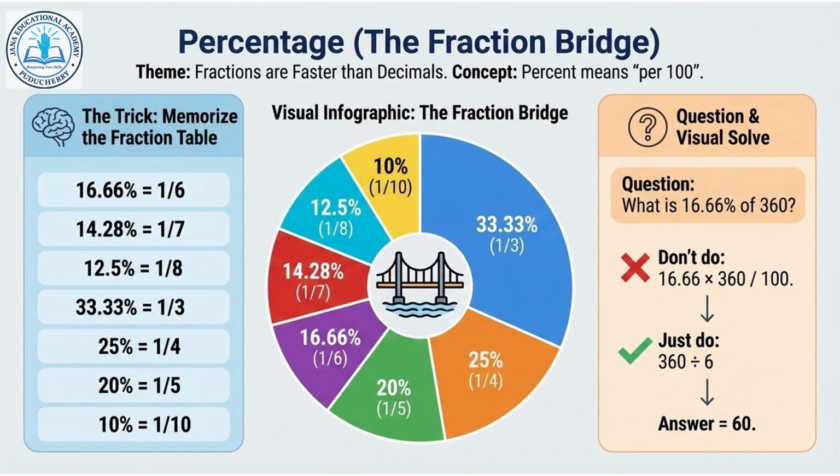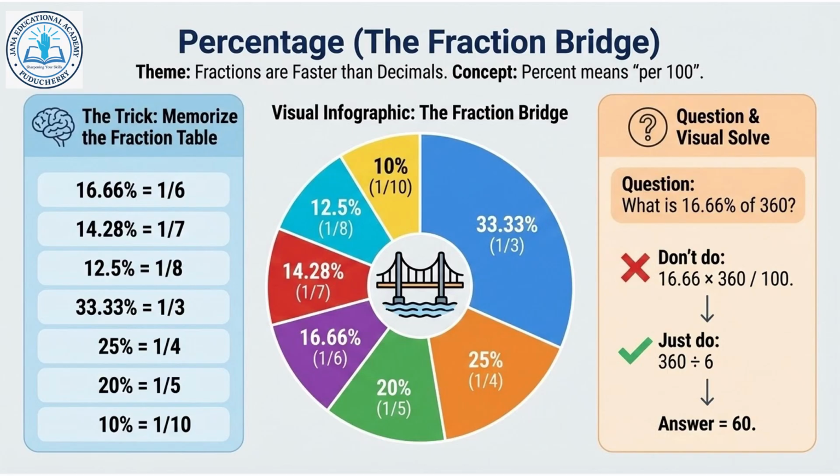Okay, now we are coming to percentage. Fractions are faster than decimals. In every percentage problem, suppose they give us 12.5 or 16.66 percent or 20 percent, you have to convert this into a fraction. Percent means per 100.